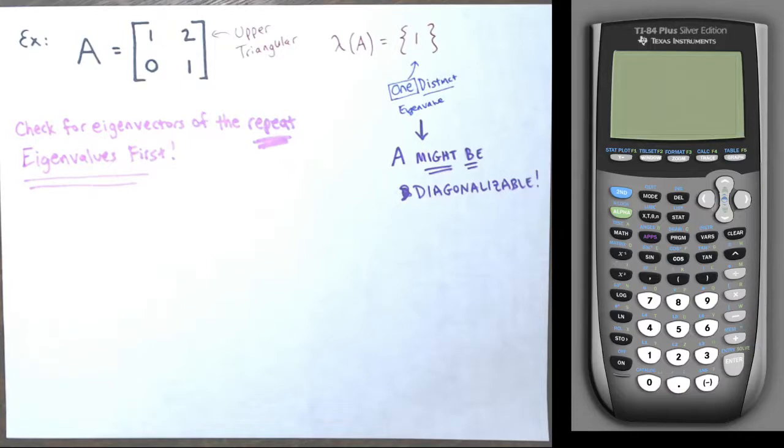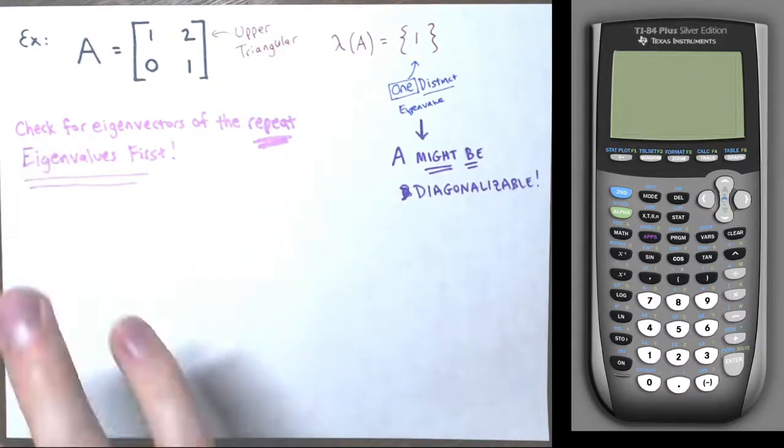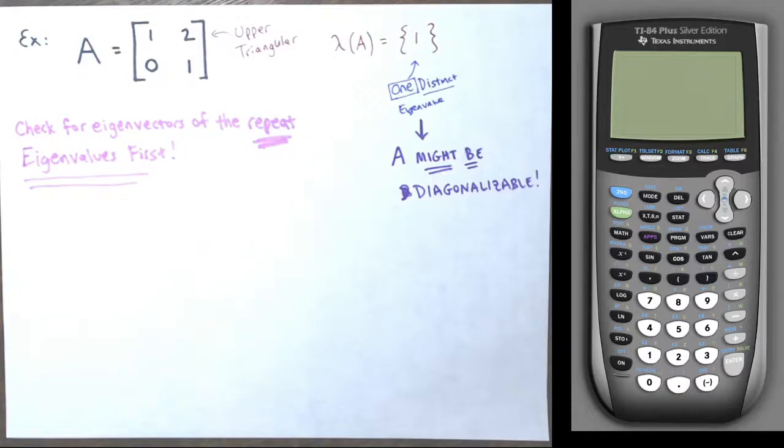You have to really check. So don't worry about the ones that have a multiplicity of 1 for the moment. Check for the ones that repeat, to see if there are enough eigenvectors coming from those, so that you'll have your n independent eigenvectors.